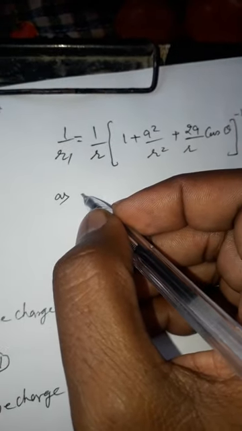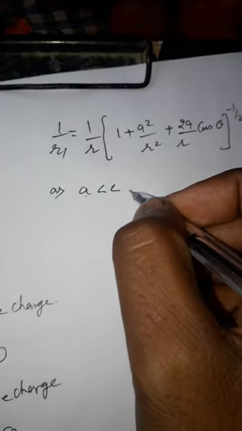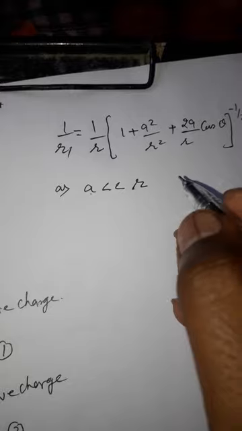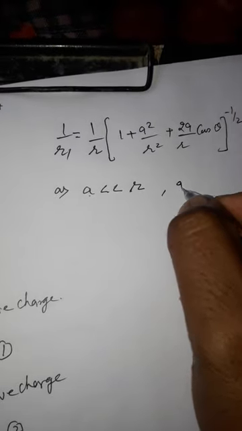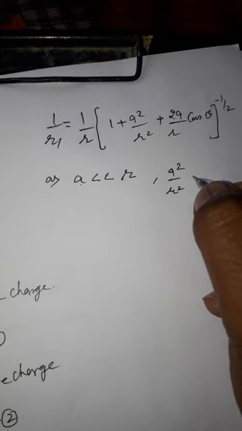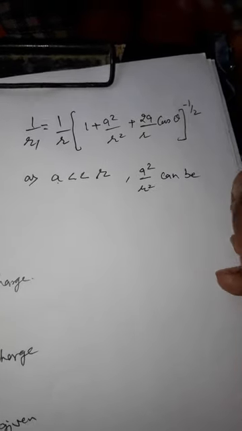As the dipole is short, that is, the dipole length is less than the distance of the point from the center of the dipole, a square upon r square is very small and hence it can be neglected.